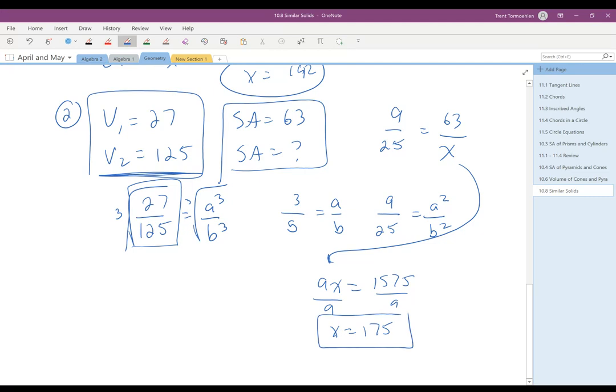So 175 would be the surface area of the larger of the two shapes. If you're just given the ratio of the sides, then it's really easy. You just square or cube to find the ratio of the surface areas or the ratio of the volumes, whichever it is that you may need.